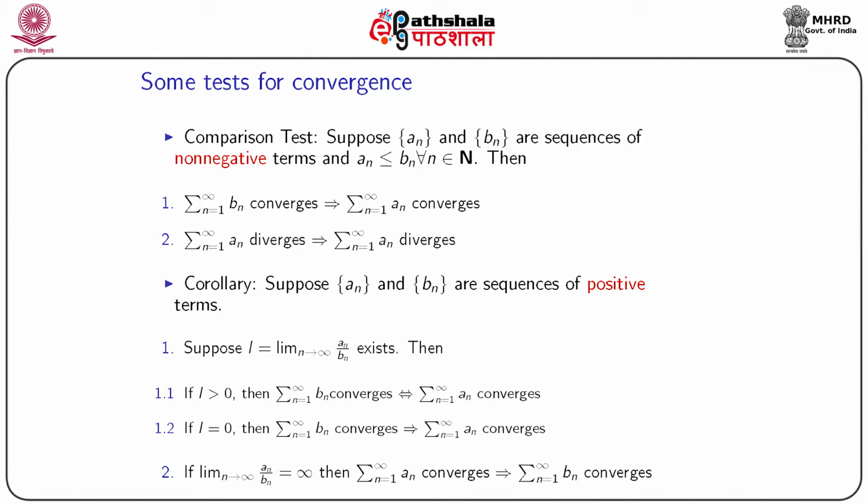This comparison test will be applicable only for non-negative terms, with a_n less than or equal to b_n for all n. So if the sum over n from 1 to infinity of b_n converges, that implies the sum over n from 1 to infinity of a_n will also converge. And if the sum of a_n diverges, then the sum of b_n will also diverge.